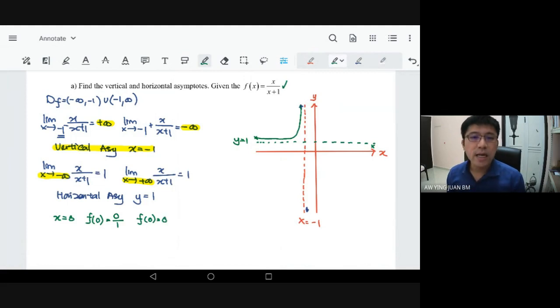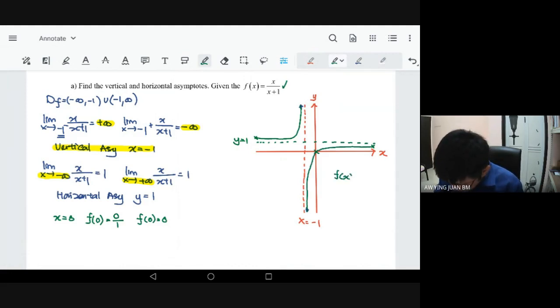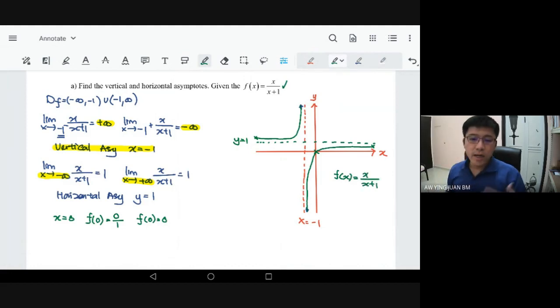So, bermaksudnya x, y intercept-nya adalah sama, which is the origin. So, graf saya akan jadi begini. So, inilah rupa dia. Function f(x) is equals to x over x plus 1. Begitulah graf untuk kita punya situasi ini.